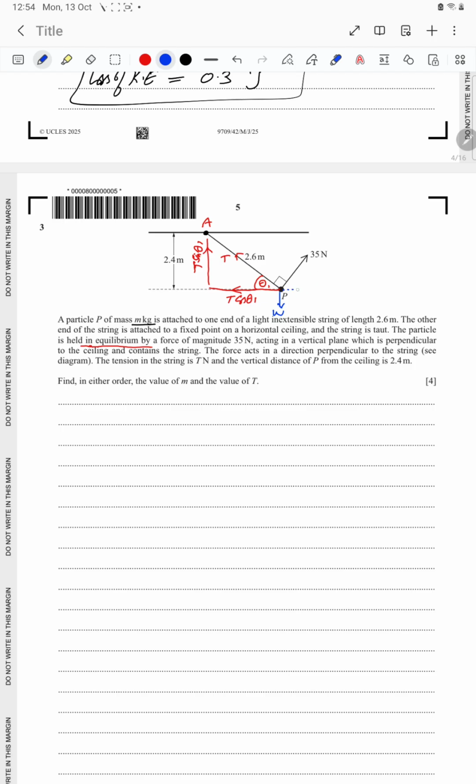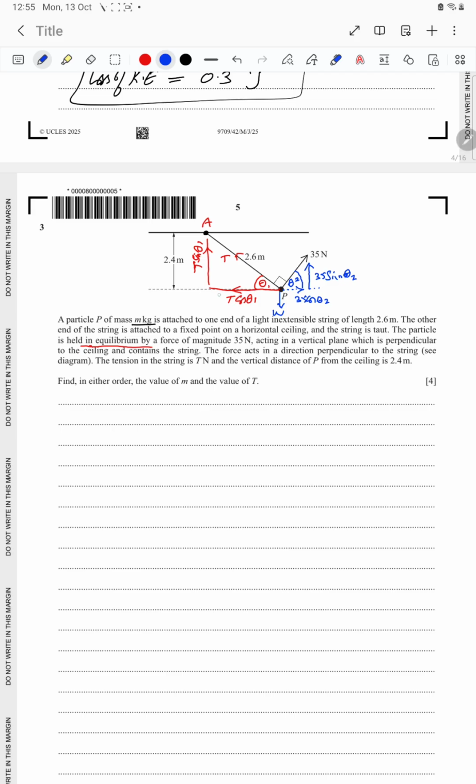If we resolve the components of this 35 Newton force, we need theta 2 as well, this angle. So it will be 35 cos theta 2 and 35 sine theta 2. We can resolve these forces into components, and we have to find the angle theta, which will definitely help us get the result.